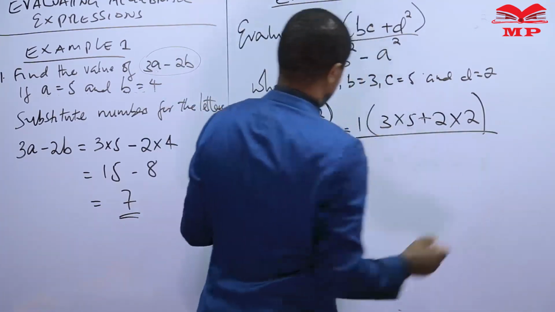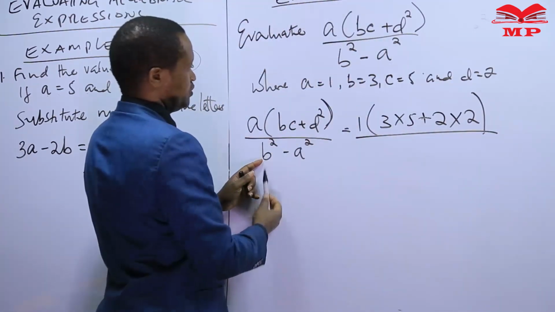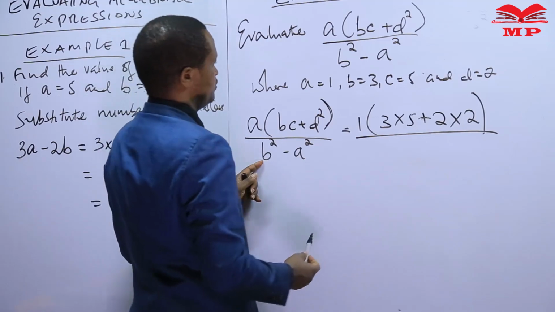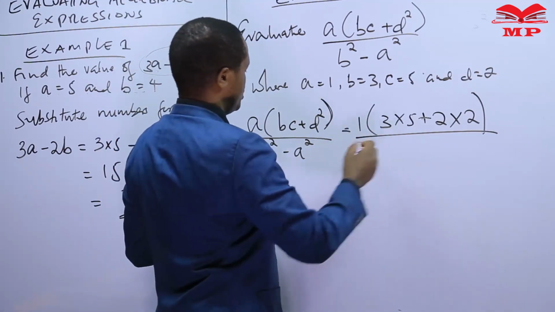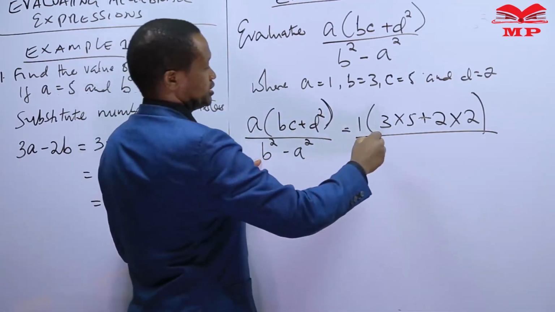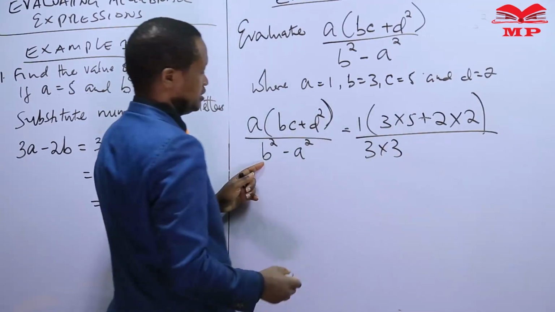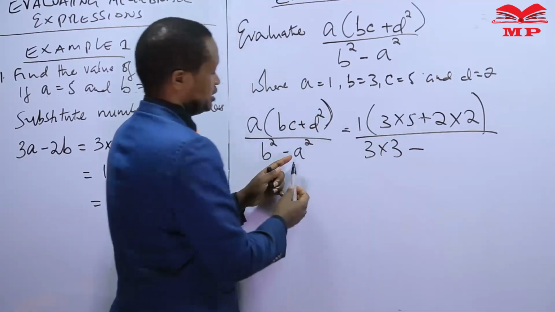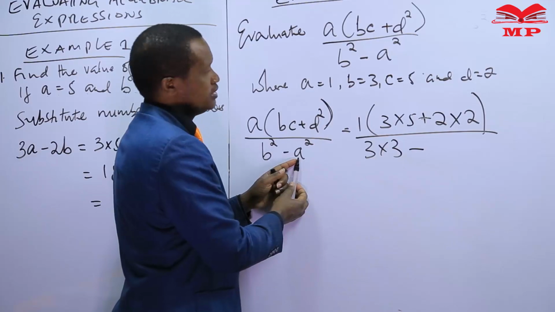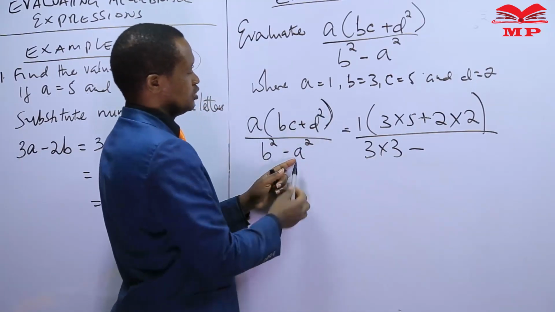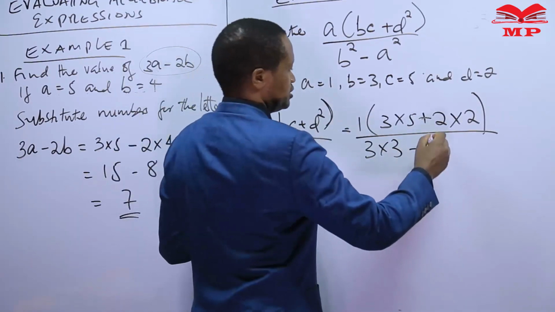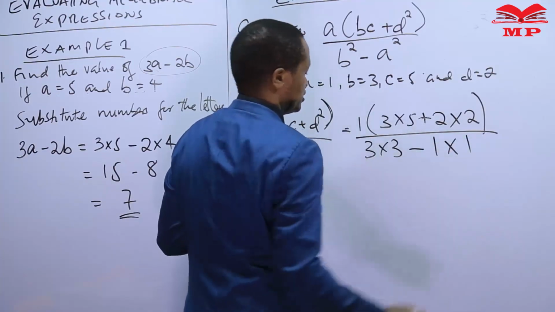So over the value of B, which is 3. So B squared is the same as 3 times 3, minus the value of A, which is 1. So 1 squared is equal to 1 times 1.